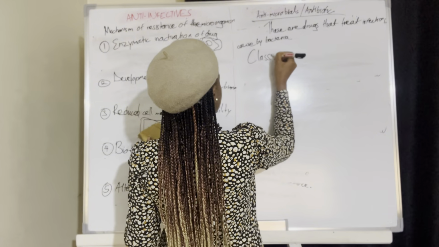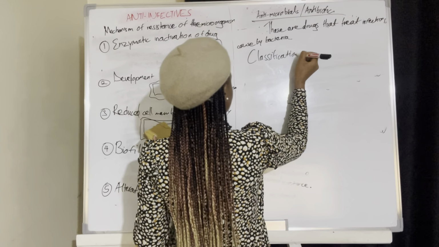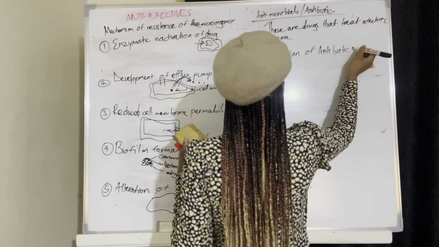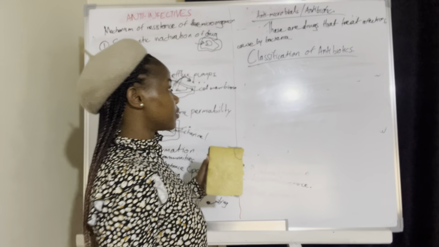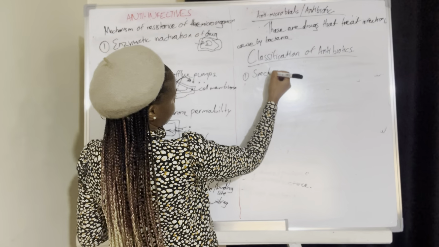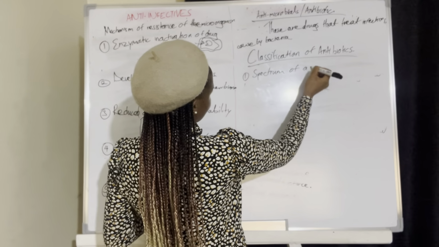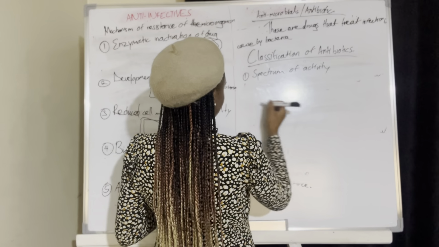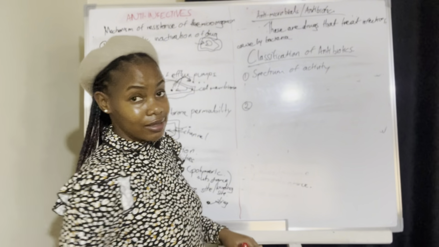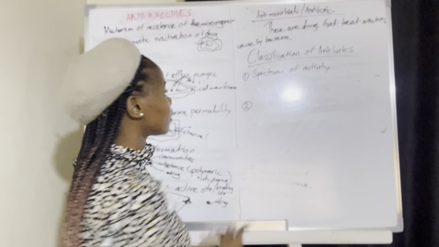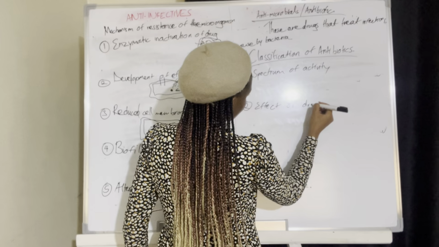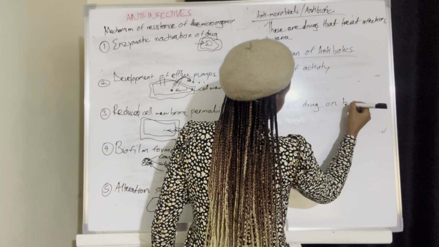Classification of antibiotics, all the drugs. The first one we are going to look at is spectrum of activity. The second one, we are going to look at the effect of the drug on bacteria.